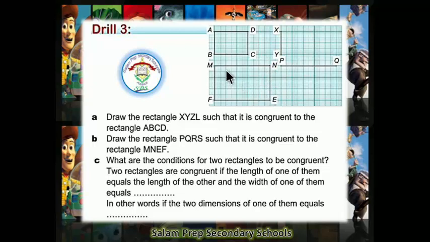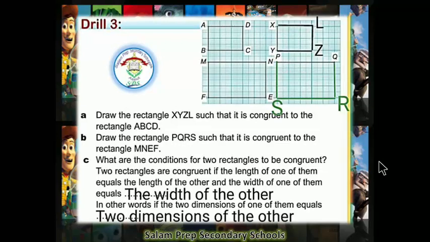If we want to draw congruent rectangle to rectangle ABCD, we need to draw the same dimensions like this. AB, its length equal 2 centimeter.